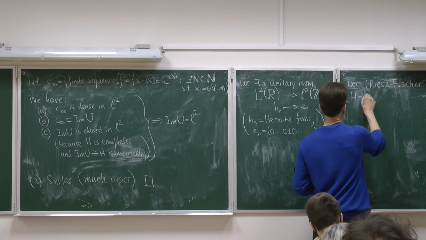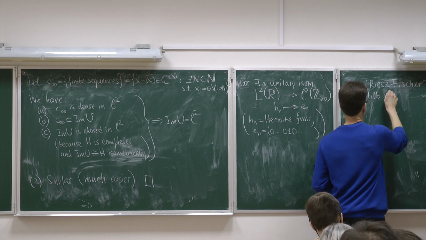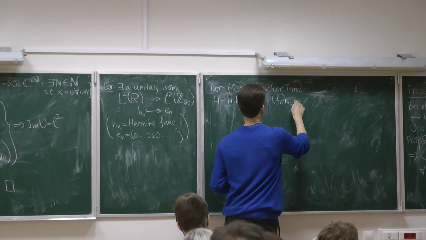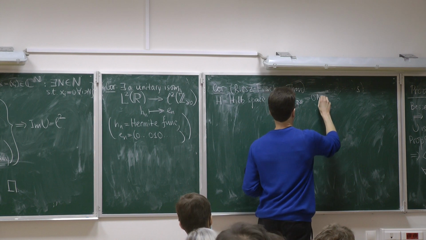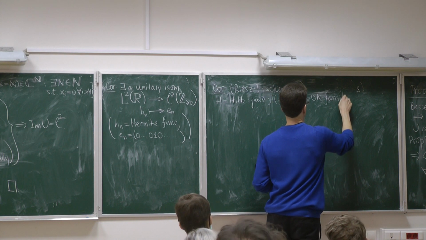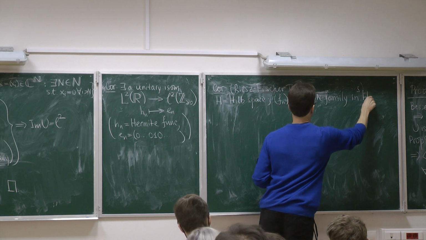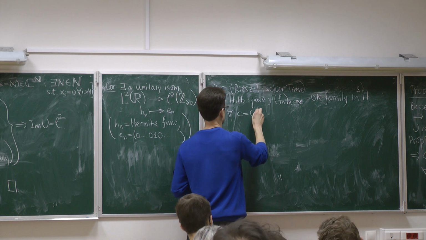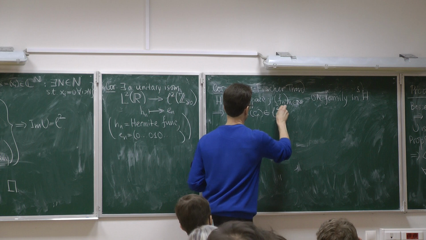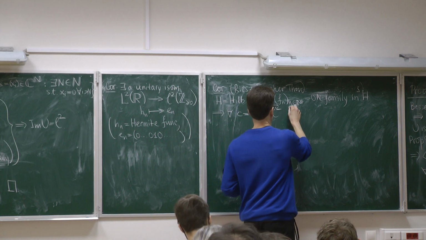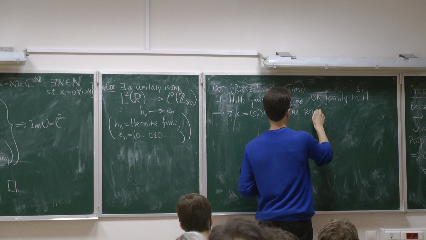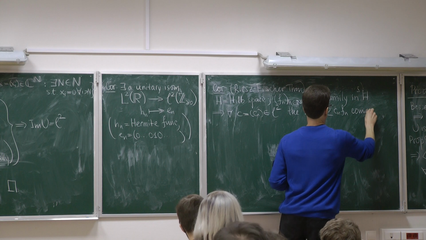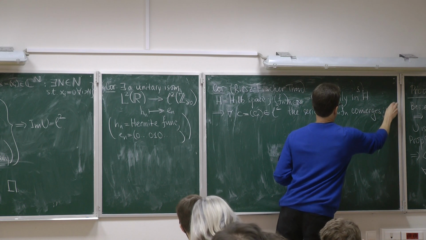Suppose that H is a Hilbert space, and suppose we have a countable orthonormal family Fn in H. Then for each square summable sequence Cn, that is for each element Cn in little l2, the series sum Cn Fn converges in H.